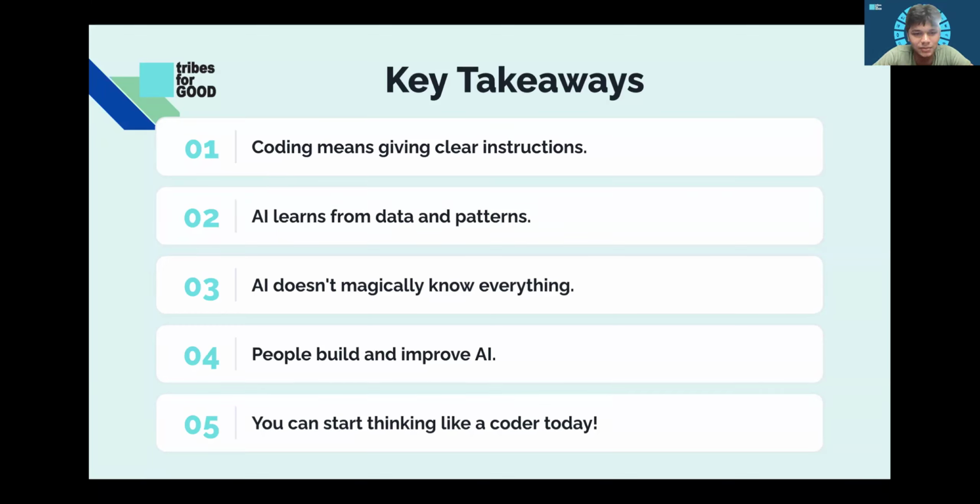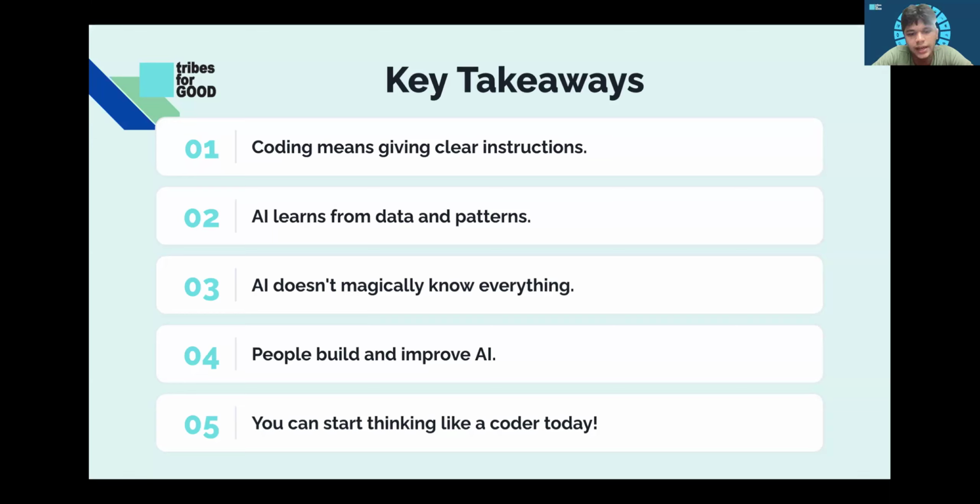Then the second one is AI learns from data and patterns. Questions are asked by humans, but then AI learns. AI never gives the same answer again. You people must have noticed that. It always tries to make the answers better, more concise, more informative. So that's the second point.